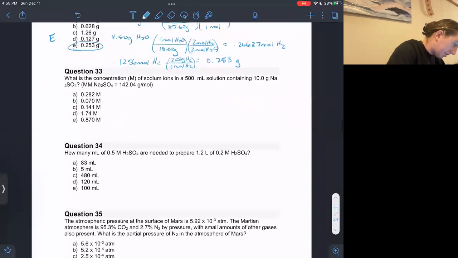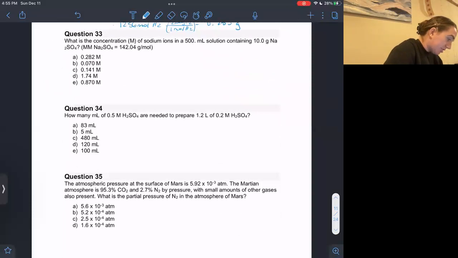All righty, question 33. We're looking at: what is the concentration of sodium ions in a 500 mL solution containing 10 grams of Na2SO4, and the molar mass is given. Okay. In order to get concentration, I need that to be in moles over liter. So let's convert our grams to moles.